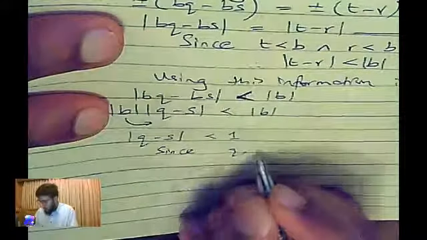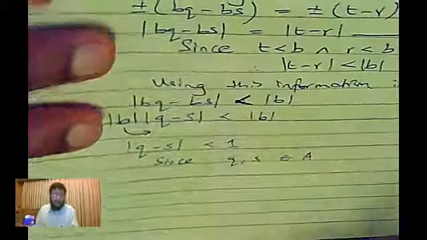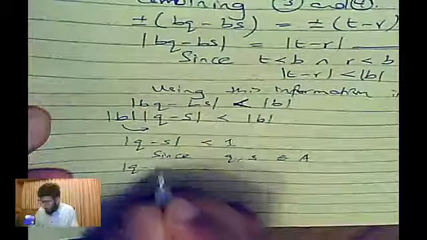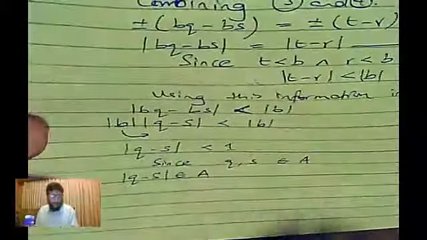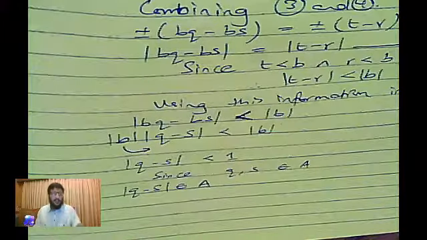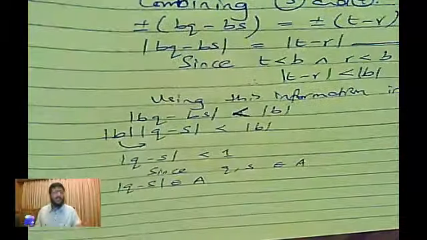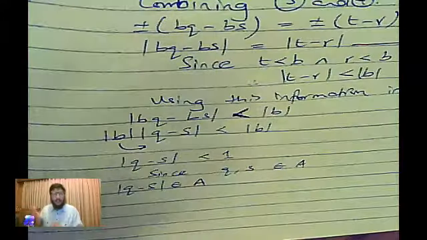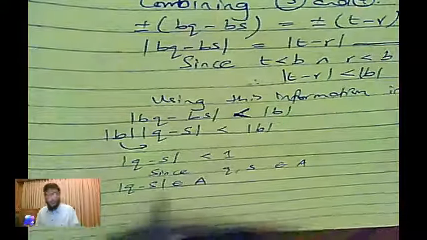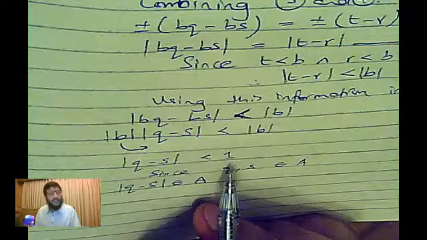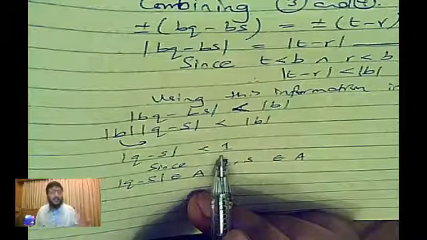Since Q and S belong to the set of integers, Q minus S should also belong to it, as an integer minus another integer is an integer. This could be a positive or maybe a negative integer, but since it's a modulus, it will always give a non-negative value. So the modulus of Q minus S is an integer, and the only non-negative integer smaller than 1 is 0.